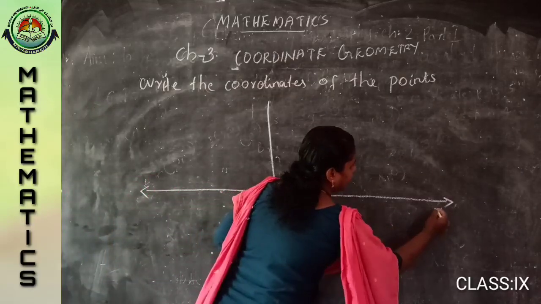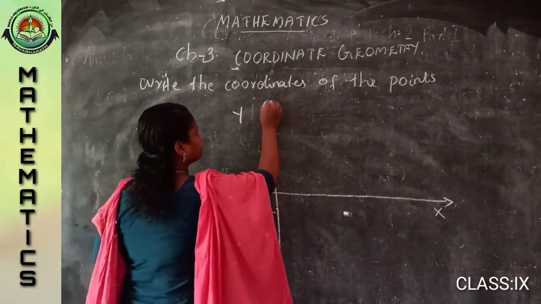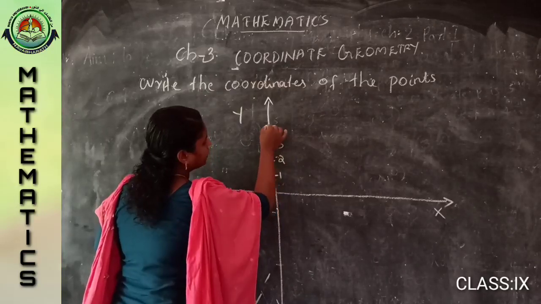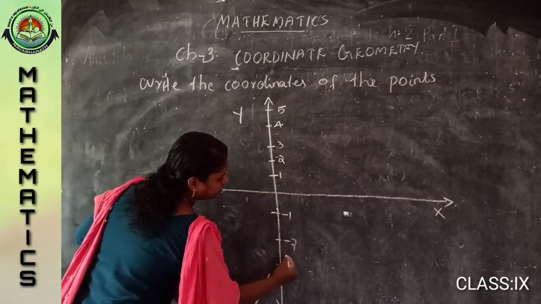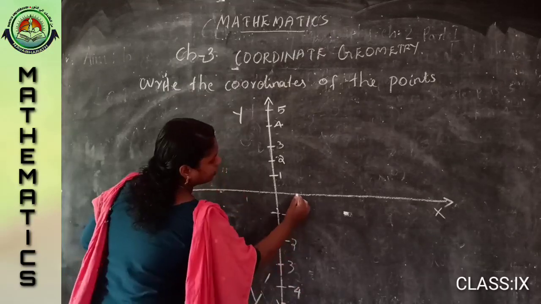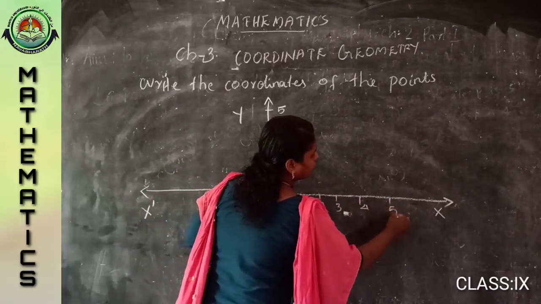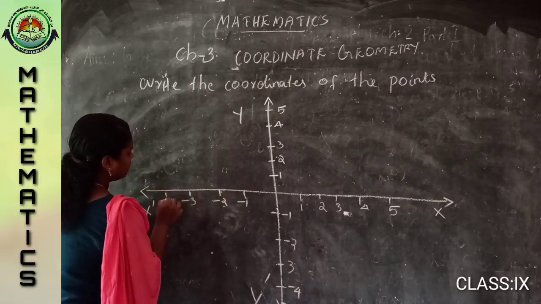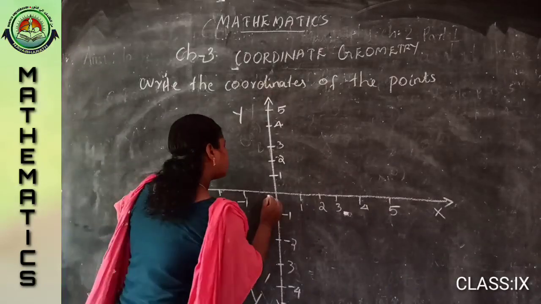It is x, x dash, y, y dash, and here the positive values 1, 2, 3, 4, 5, negative 1, negative 2, negative 3, negative 4, negative 5. Here also positive values 1, 2, 3, 4, 5, and negative 1, negative 2, negative 3, negative 4, like that. And this is the origin.